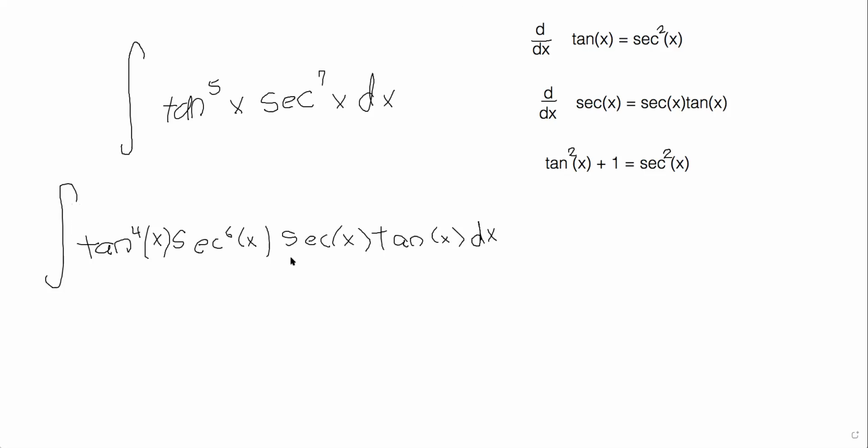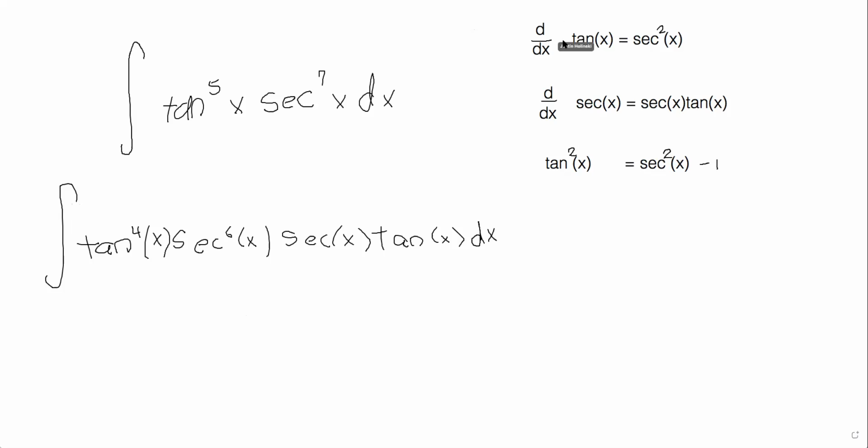We're going to have to do something with that before we can even do that step. So we're going to want to put tangent in terms of secant, and that's easily done. I want to manipulate this equation right here. I'm going to subtract 1 from both sides, and we get this.